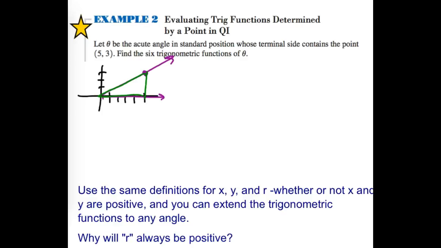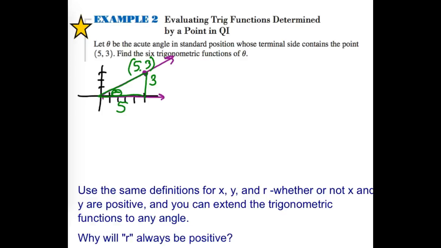Okay? And so the angle that they're working with here, theta, would be in this position. All right. If we know that this point is 5, 3, that means we have moved 5 spaces to the right. So this horizontal piece of my triangle would have a length of 5, and the vertical piece would have a length of 3.